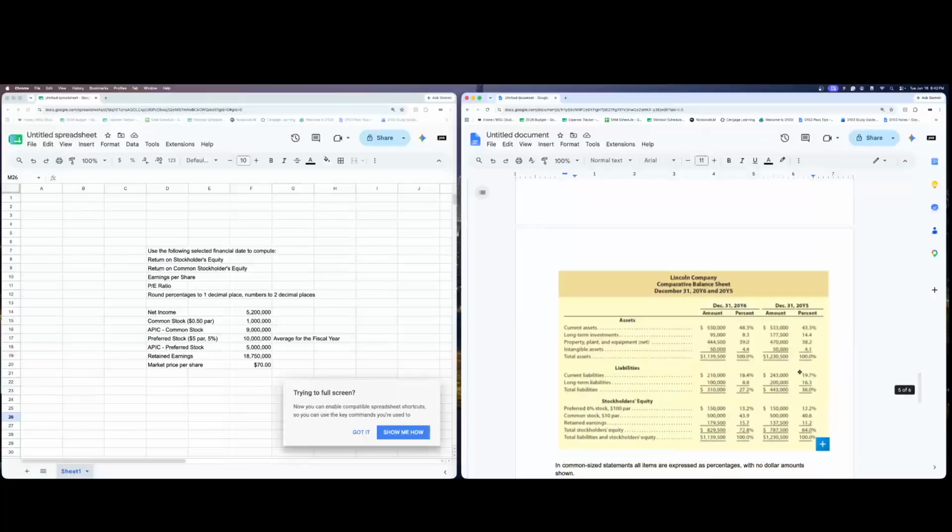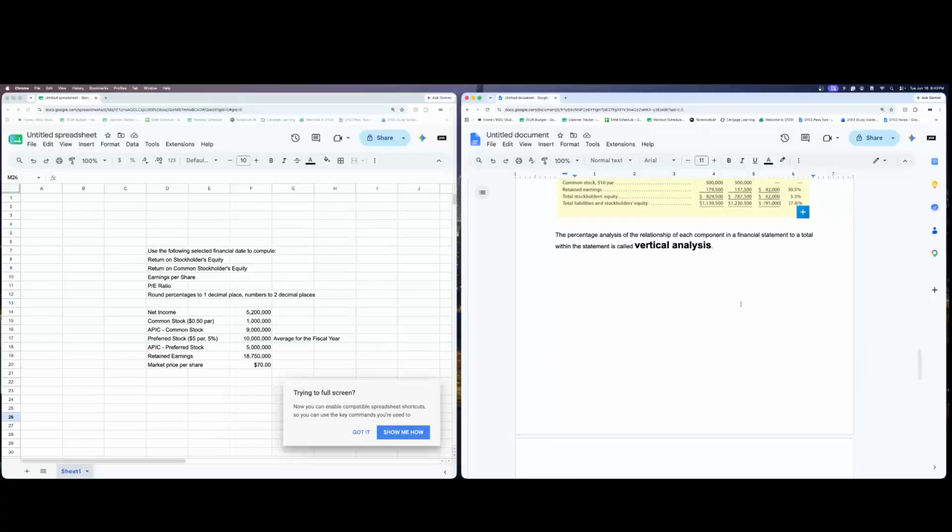Now, what is vertical analysis? Vertical analysis is the percentage analysis of the relationship of each component in a financial statement.